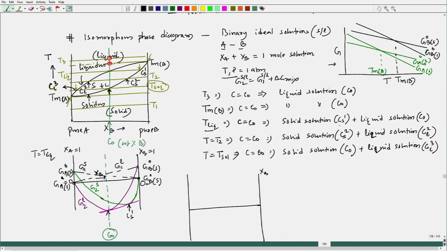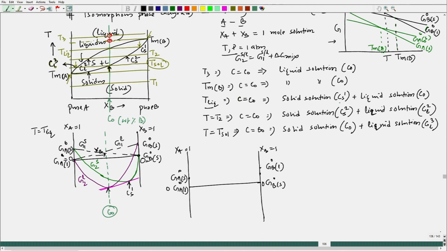So, this is x B equal to 1 pure B side, x A equal to 1, this is pure A side, this is G 0 point which is G B naught solid, and this is G A naught liquid which is 0 as per this scale, schematic scale. So, this is the temperature I am talking about. Okay. So, here's G B naught liquid and here would be G A naught solid, fine, and composition is changing this way.